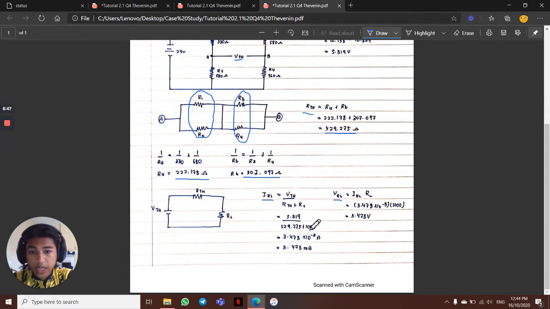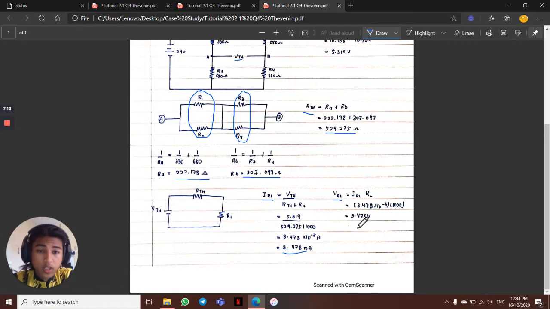So we'll get the answer in ampere as the format. We can see 3.478 times 10 to the power of negative 3 ampere. To convert it, just multiply by 10 to the power of 3 and we'll get the answer in milliampere, 3.478 milliampere for the current of the load resistor.